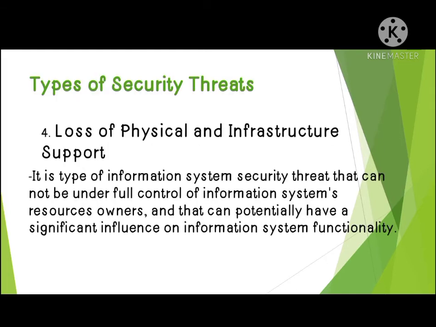The next security threat is loss of physical and infrastructure support. It is the type of information system security threat that cannot be under full control of information system resource owners, and that can potentially have a significant influence on information system functionality. It can be realized in many different ways.